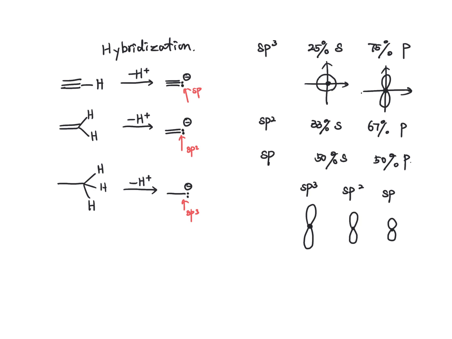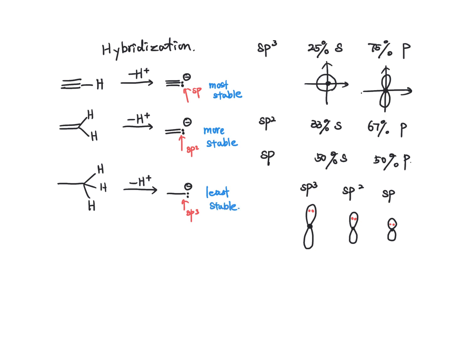For sp carbon, the lone pair is closer to the nuclear positive charge. The sp2 lone pair is a little further, and the sp3 lone pair is even further. When the negative charge is further away from the nuclear positive charge, the attraction is less. So the lone pair in the sp orbital will be the most stable one because it's closest to the nucleus, and the least stable one is the lone pair in the sp3 orbital.